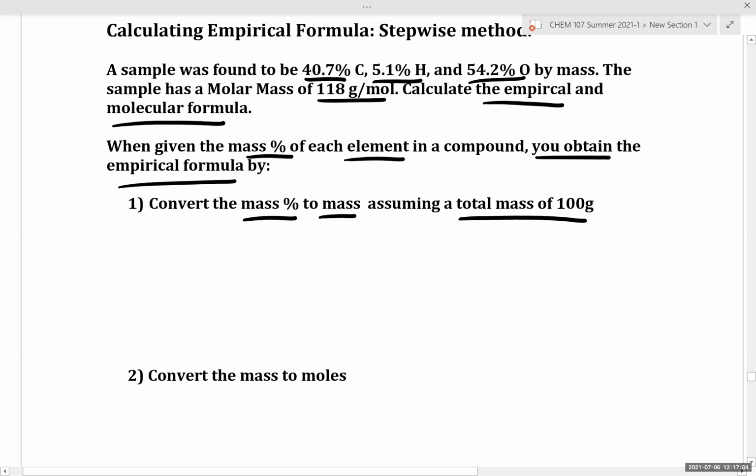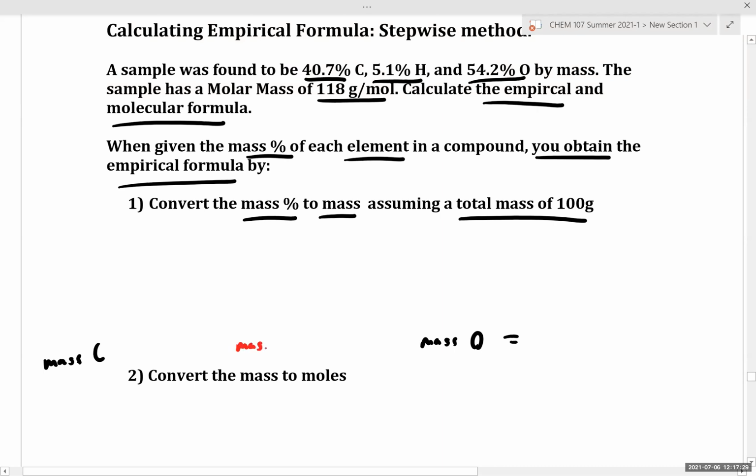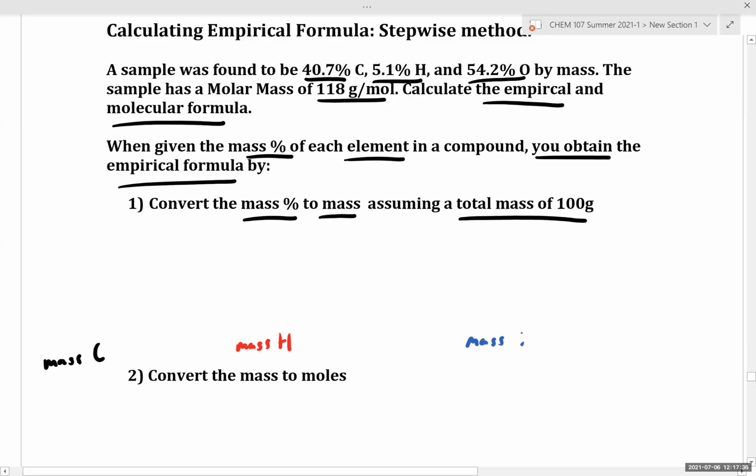So let's work on, right now, calculating the mass of carbon, hydrogen, and oxygen in this sample. So let's take about 2 to 3 minutes, and I'd like us to try and calculate the mass of carbon, hydrogen, and oxygen in this sample, given the mass percentages.